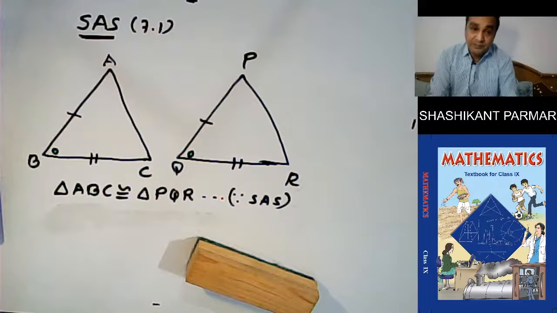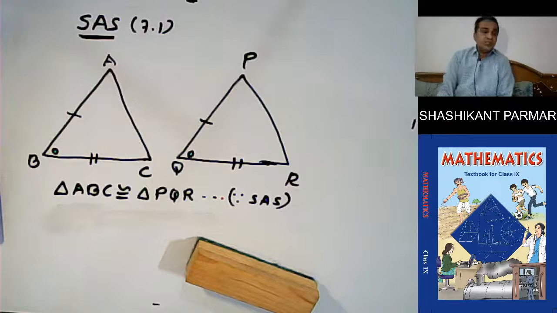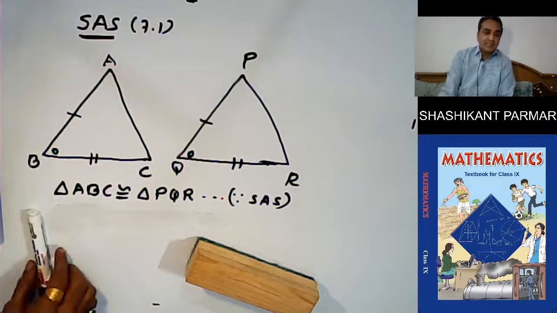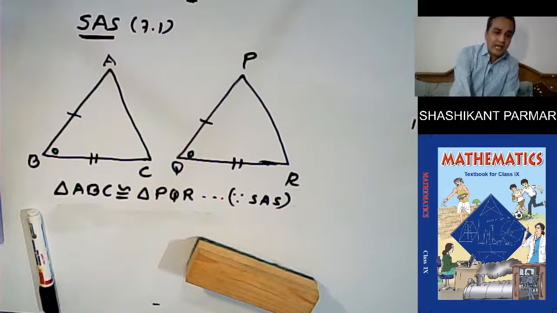This is important that side BC is the included side in between the two angles B and C, and similarly side QR is the included side in between angle Q and angle R. So this is what angle side angle means.